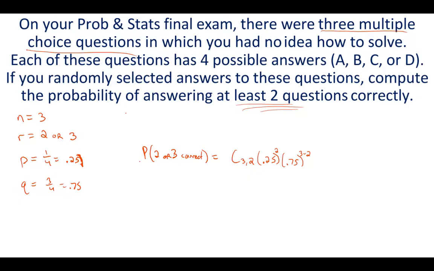And then we're going to compute that, and then we have to add the probability of getting 3. So that's going to be C with 3, choose 3, because we're getting all 3 correct.